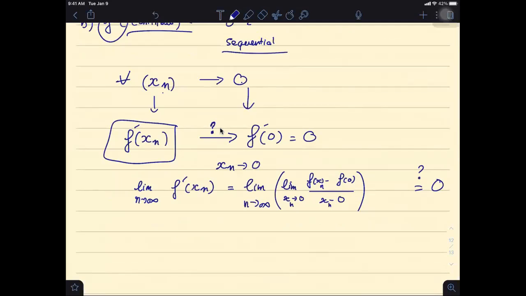What do you think? I mean, if x sub n is going to 0, wouldn't that increase the term, because x sub n is in the denominator?